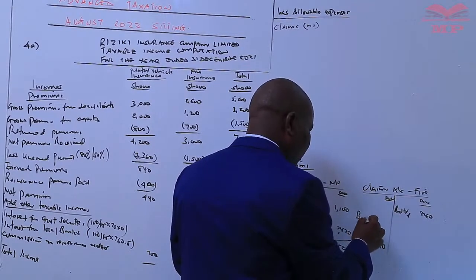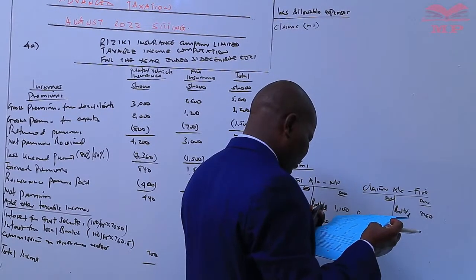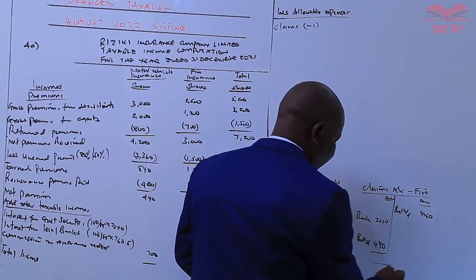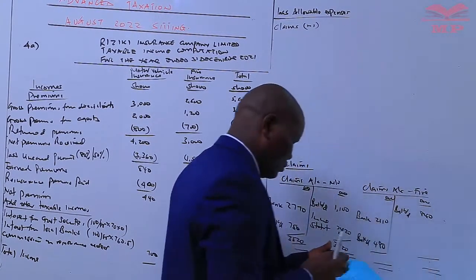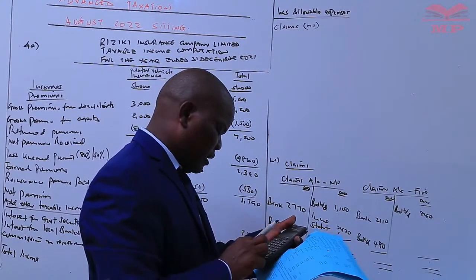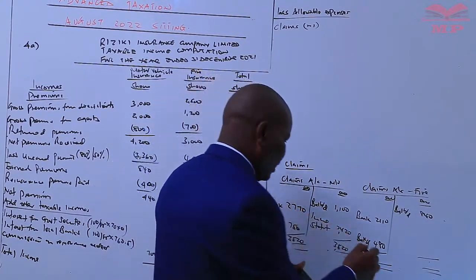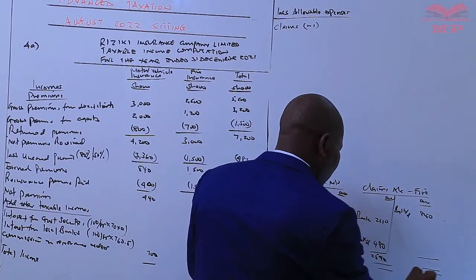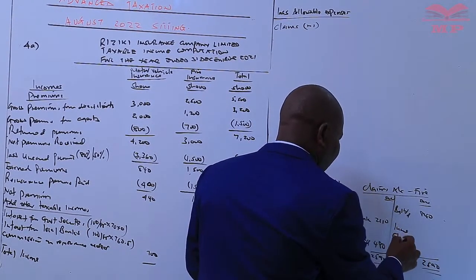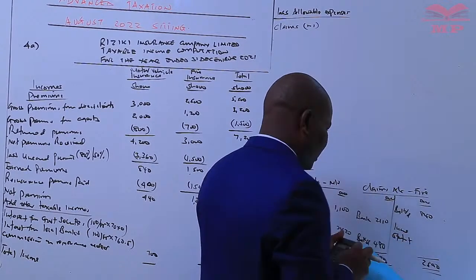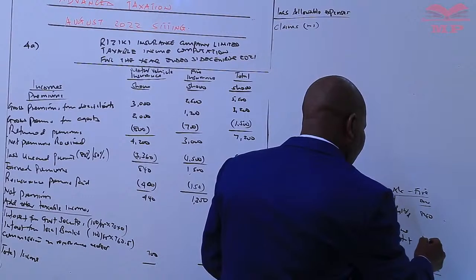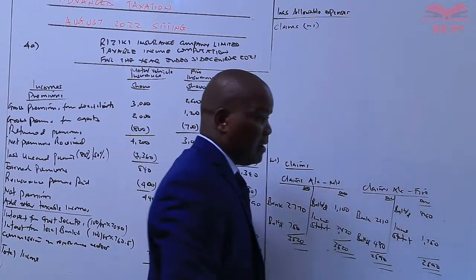Claims paid, bank, fire is 2110. Balance of the account, 2110 plus 480 is 2590. Income statement, that is allowable claims for fire insurance, 2590 less 840, is 1750. And with that we have the allowable claims.